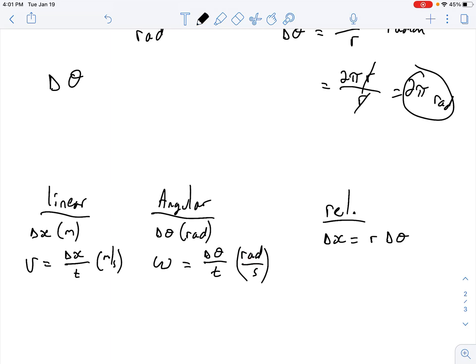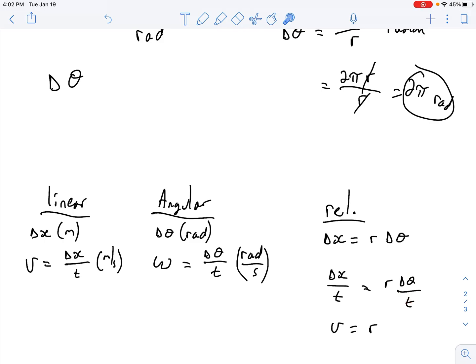And the relationship between the two. Well, if I were to take this and divide it by time, I'd have to divide both sides by time to make it fair. This piece right here, well, displacement over time is velocity.